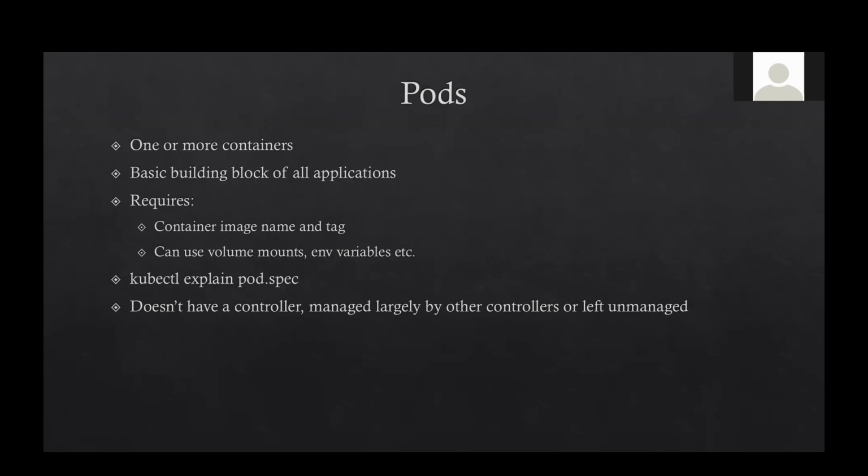We also have a bunch of other configurations such as volumes, volume mounts, environment variables, and like where to pull those environment variables from, whether to use config maps or secrets to get those environment variables from, and that kind of thing.